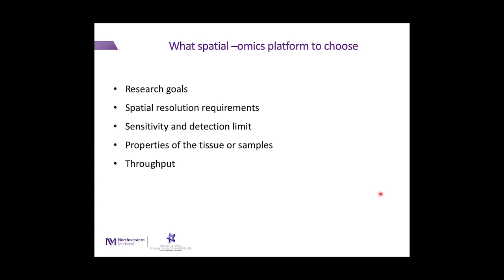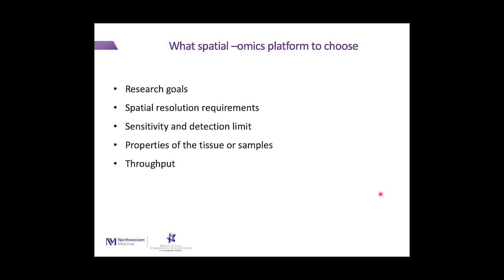The next thing is spatial resolution requirements. Do you really need single cell resolution for this experiment, subcellular resolution, or is it okay if you look at it in a bulk RNA-seq fashion, but in the spatial context? The next thing is, as I told you, the properties of the tissue or samples. What kind of tissue type is it?